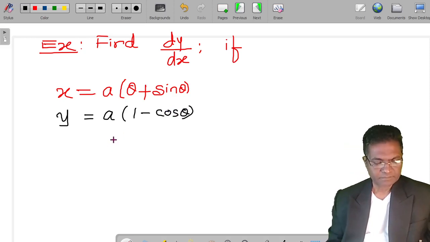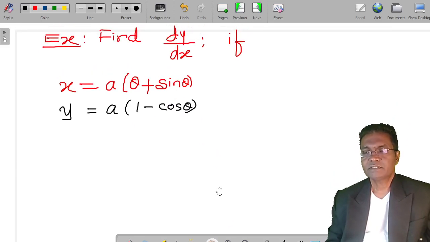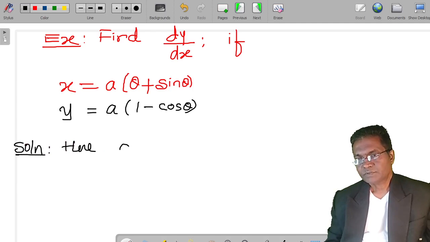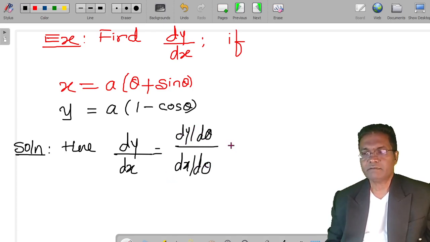Okay. So as usual here x and y are in terms of theta. So what will dy by dx be? Better you write dy by d theta by dx by d theta. This you have to find.